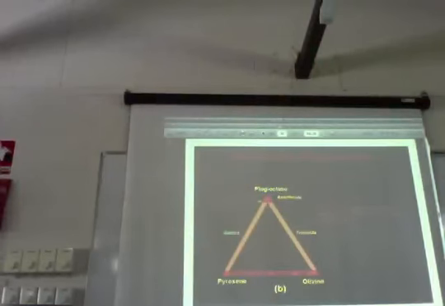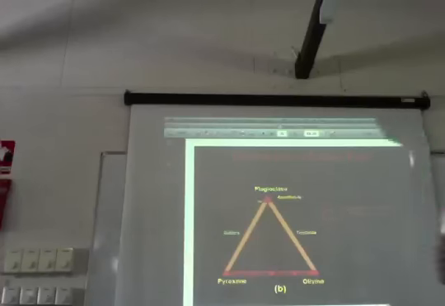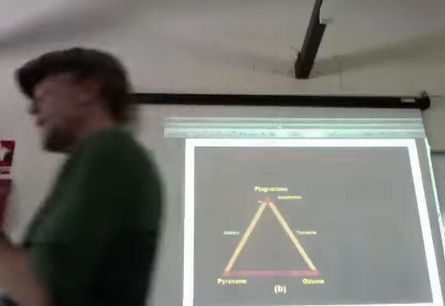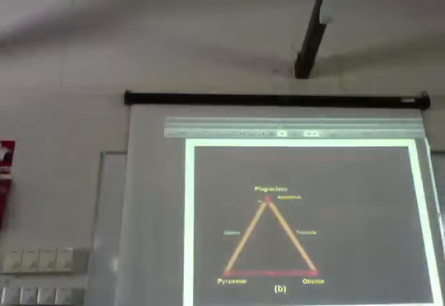Because the anorthite plagioclase has a very low density, and if a mineral has a very low density, it floats up to the top of the magma chamber. Whereas olivine and augite, for example, sink to the bottom of a magma chamber because they have a higher density. We will discuss this later. Then we have some minerals that float in the magma chamber, because they have the same density as the surrounding melt.